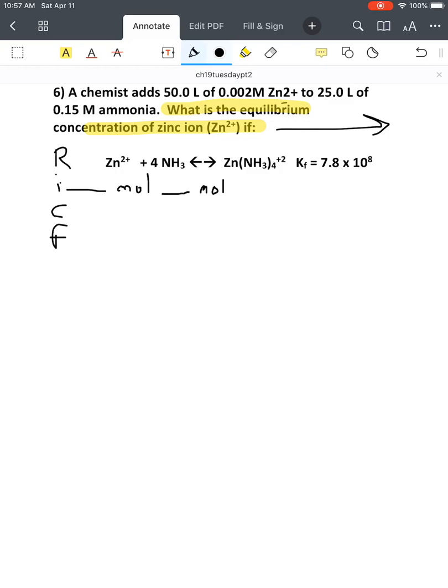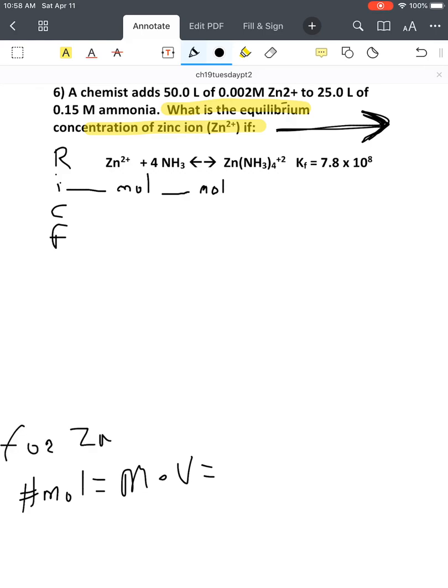And if I assume that it goes to completion as a first approximation, this problem becomes much more like what's called a limiting reagent problem. And you'll actually work those back in General Chemistry 1. So my first step would be to figure out how many moles of everything I've got. So I'll start with, let's say, the zinc 2 plus.